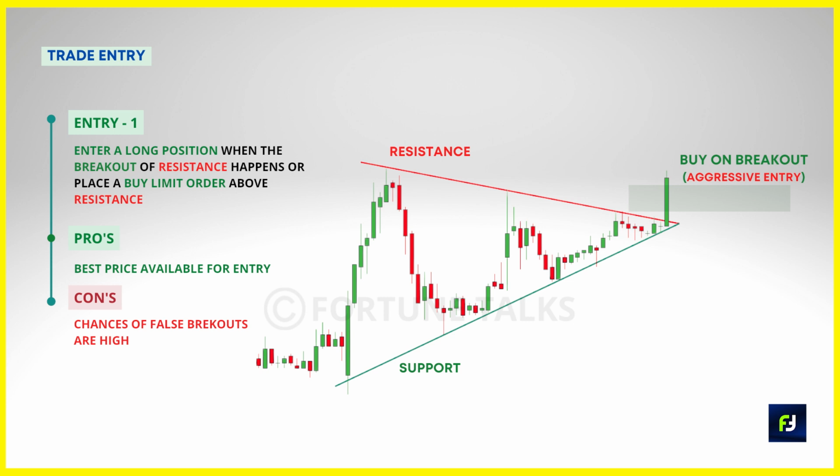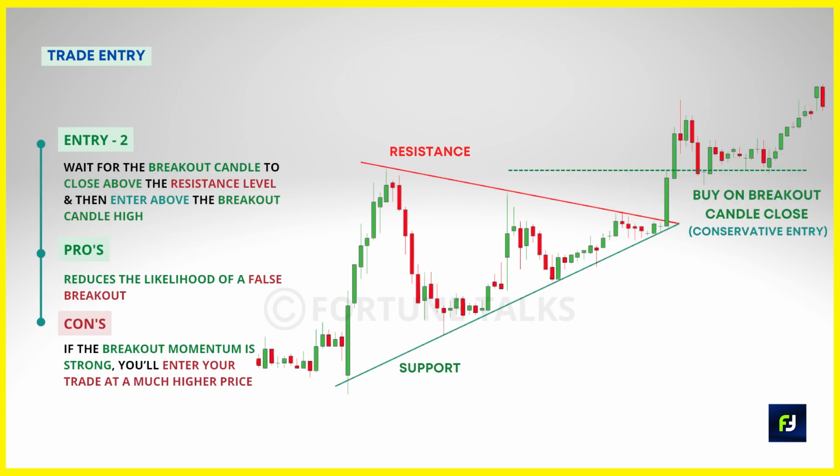The first approach is very aggressive, and the idea is to go long as soon as the price breaks above the resistance trendline. All you need to do is to place a limit buy order above the resistance level, and you will be immediately long when the price breaks out above the level. And if the breakout is real, this is one of the best prices to enter. But this method is very risky and there are high chances that it might be a false breakout.